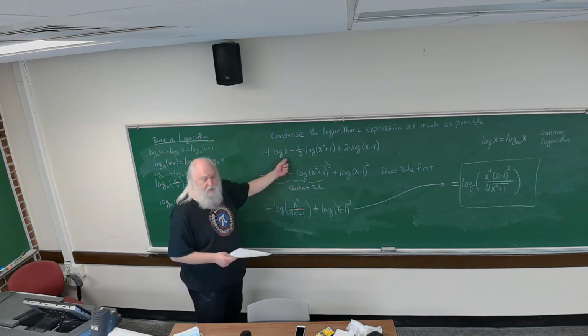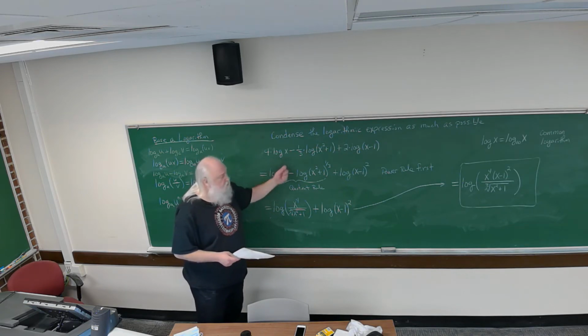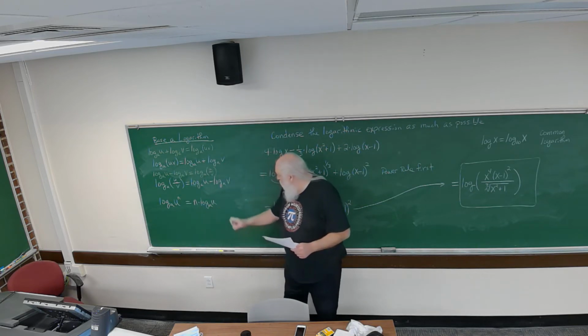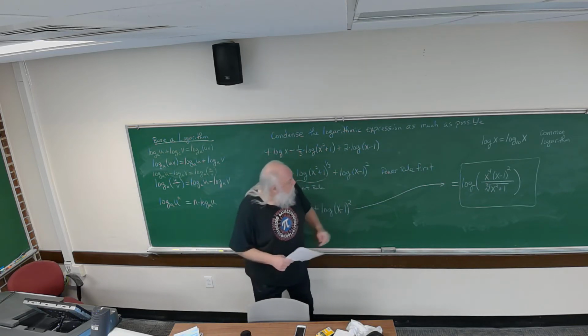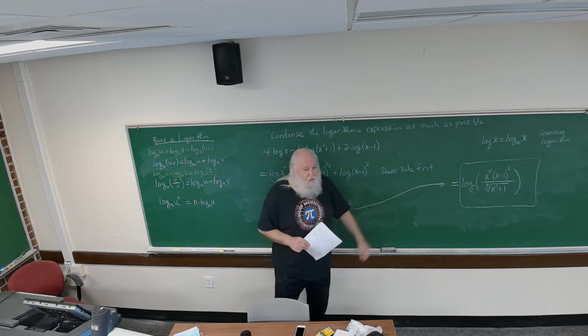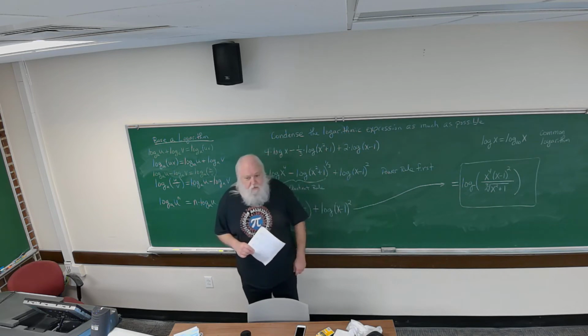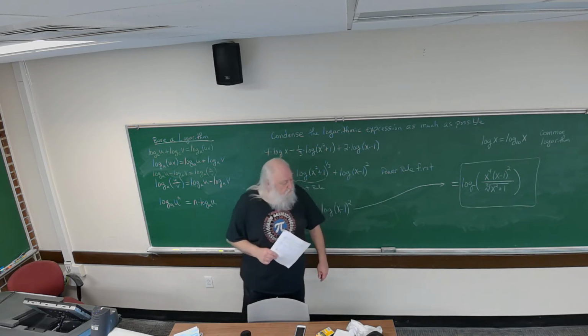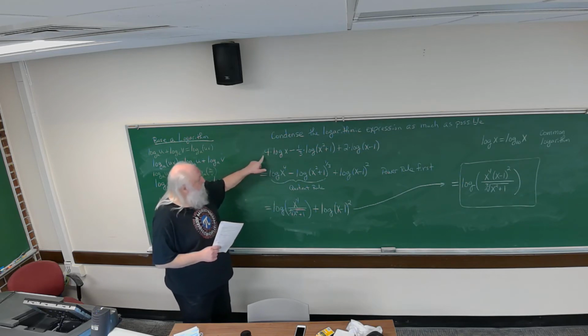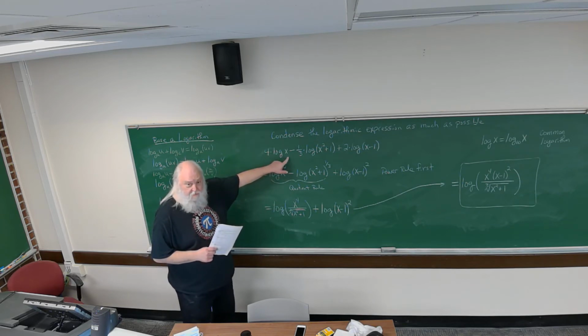Now, when condensing logarithmic expressions, I have found that applying the power rule first to the logarithmic expression, and then it doesn't really matter what you do next, the product rule or the quotient rule. So in this logarithmic expression, we got 4 times log x in the first term.